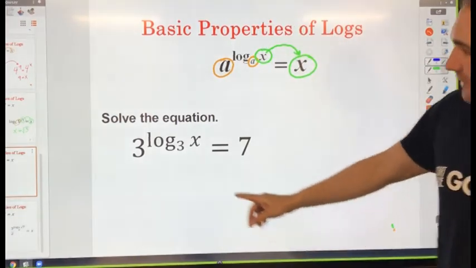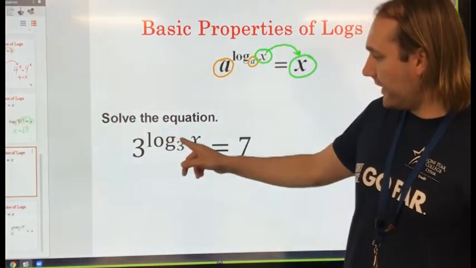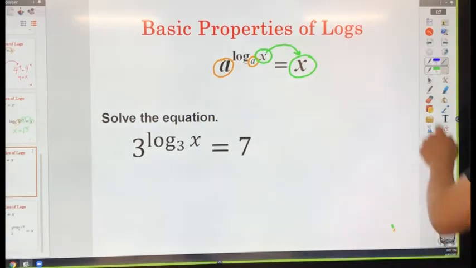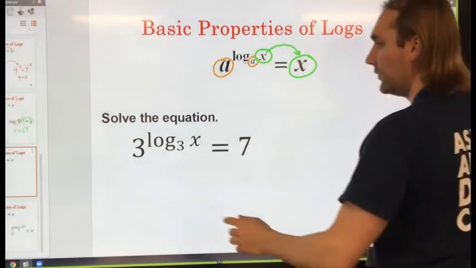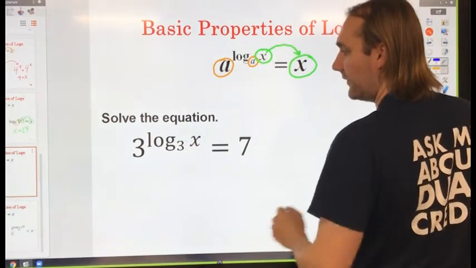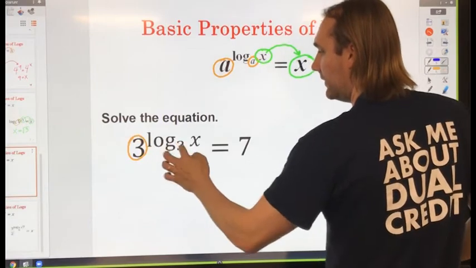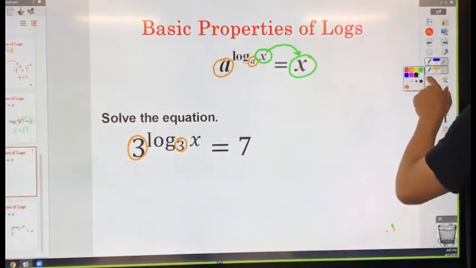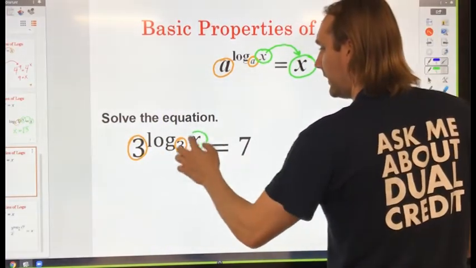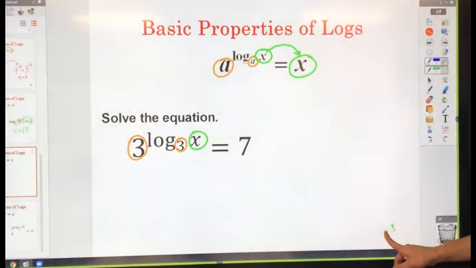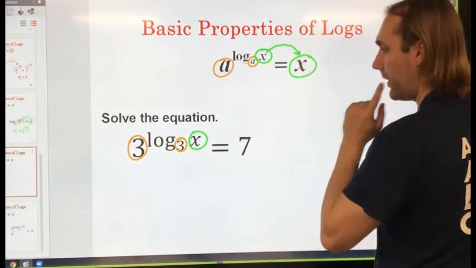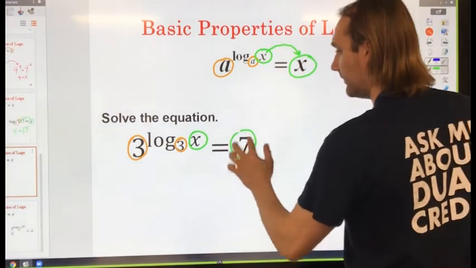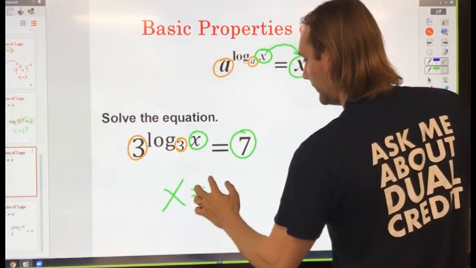So look at this equation. 3 to the power of log base 3 of x equals 7. Do my exponent and log have the same base? Yes, they do indeed. Which means this x value has the same value as what? 7. Very good. So x equals 7.